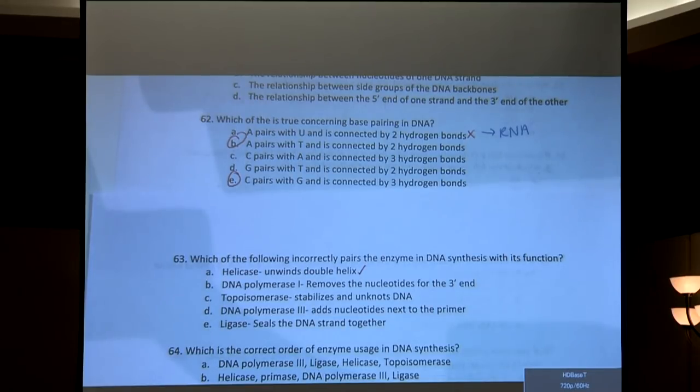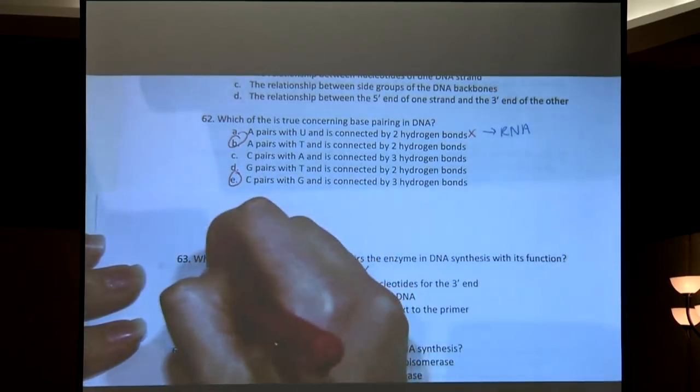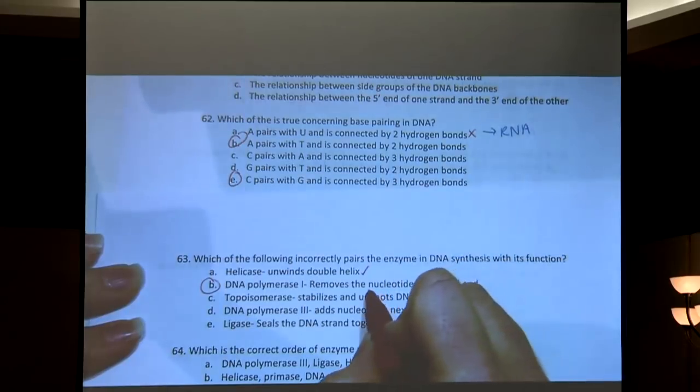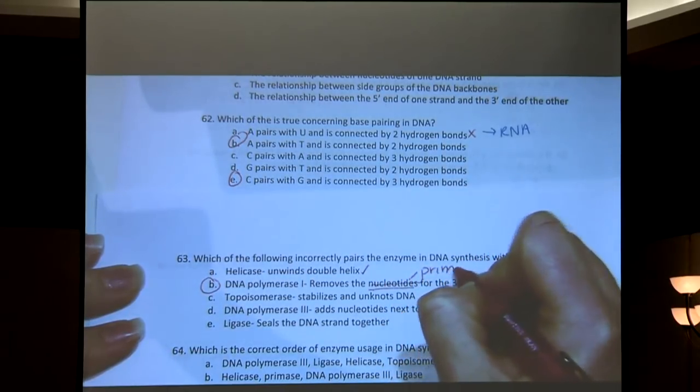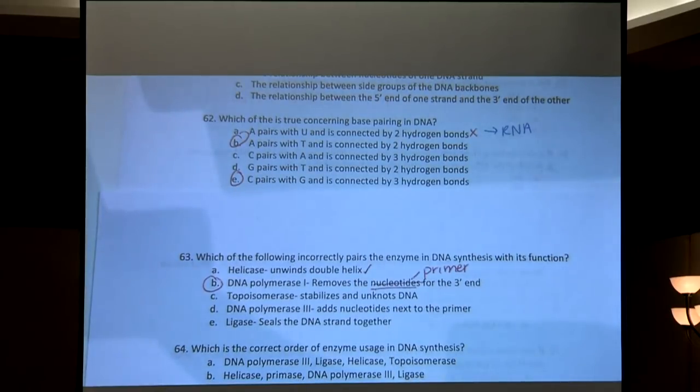Are we sure? Okay. So DNA polymerase 1, this one is false. It does not remove nucleotides. It removes the primer from the 3' end. It removes primer, not nucleotides.